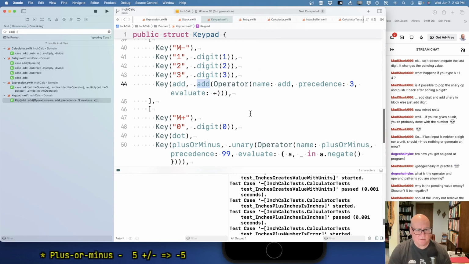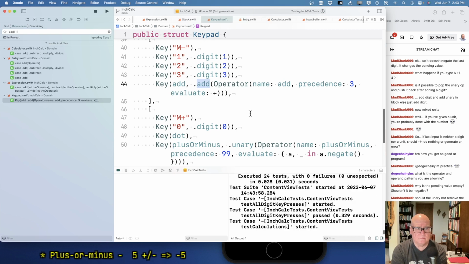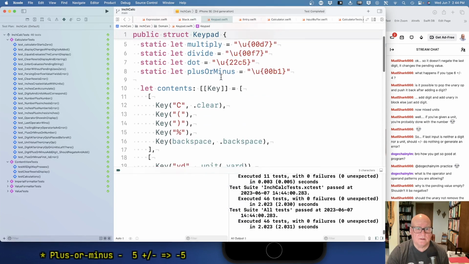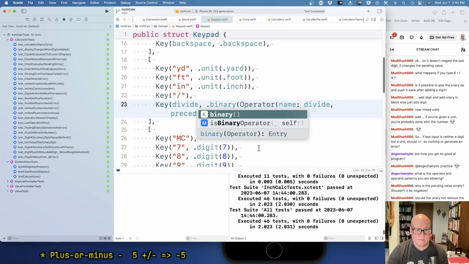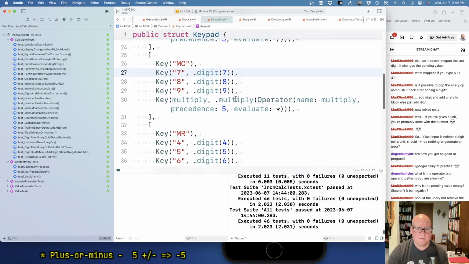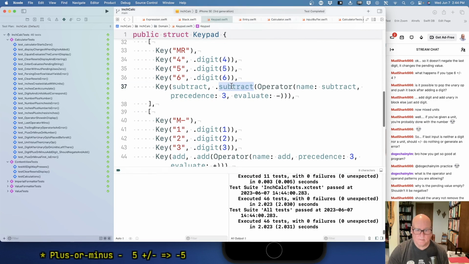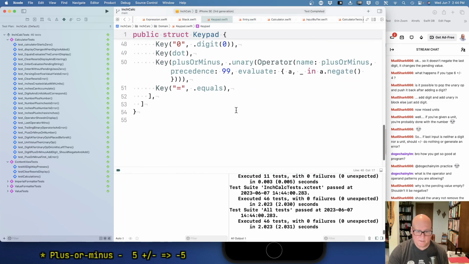Let's see if the calculator tests are working now. Okay, so now our keypad, these should be binary. Slash. Unary.